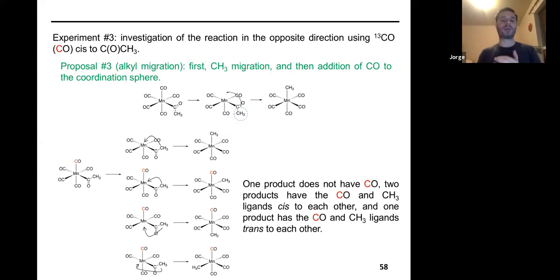However, proposal number 3 produced 2 cis products, 1 trans product, and 1 product without the labeled CO as well. Now we have 2 different results using proposal number 2 and proposal number 3. So now we have means to define which proposal is the most correct.